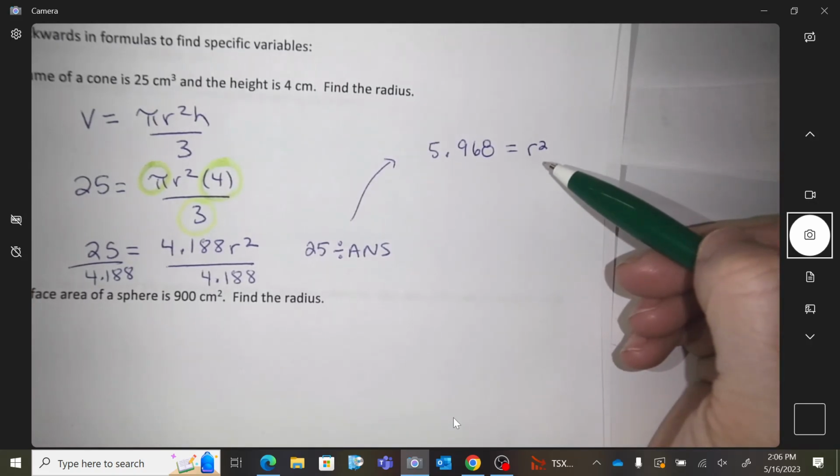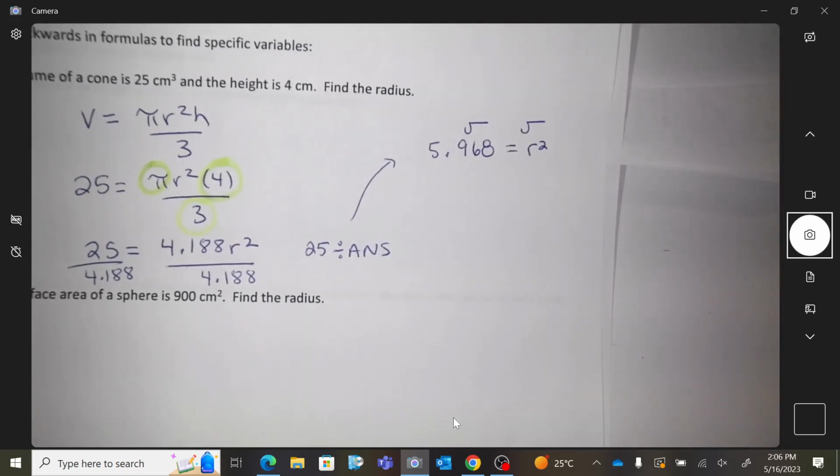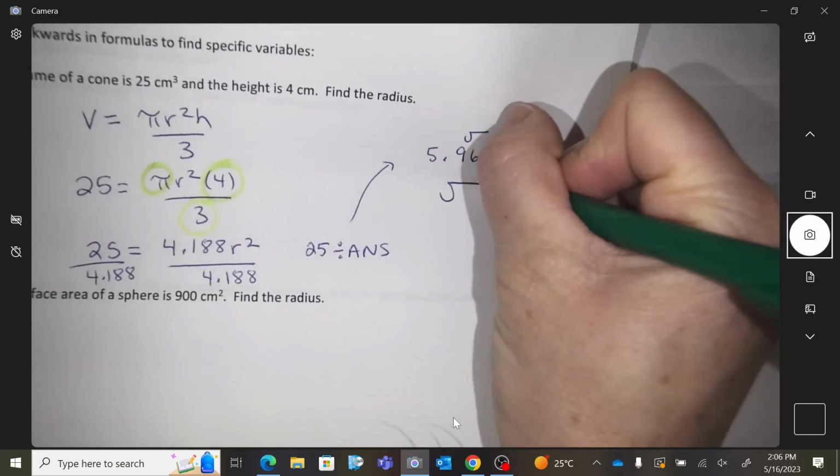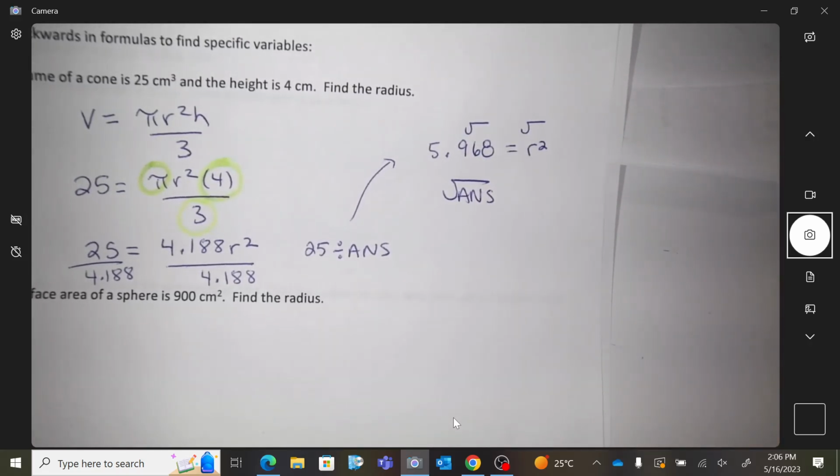Okay, and then r squared, to get r alone, I'm going to square root. And again, in my calculator, I'm going to be using the square root of the answer button. How are those backwards calculator people doing with this answer button stuff?